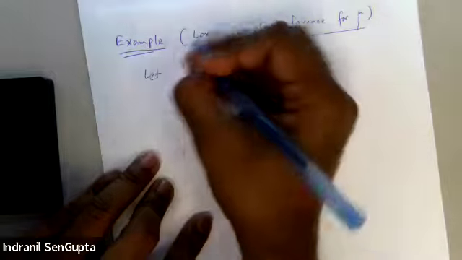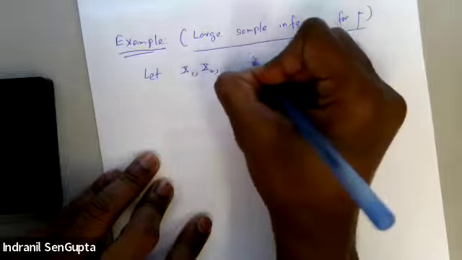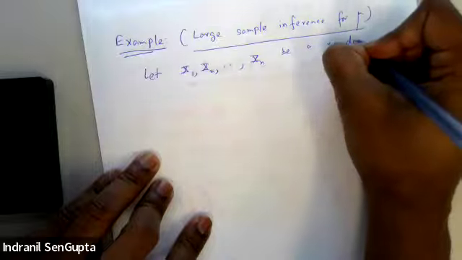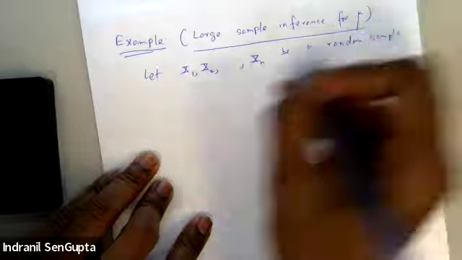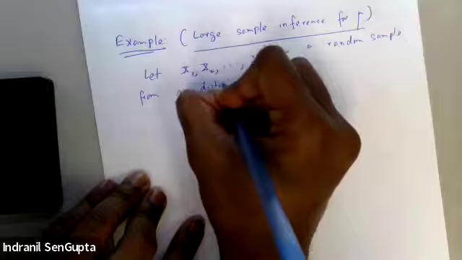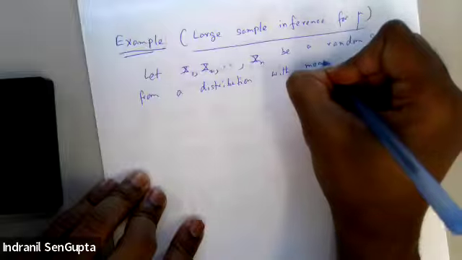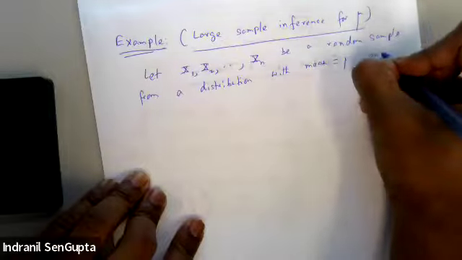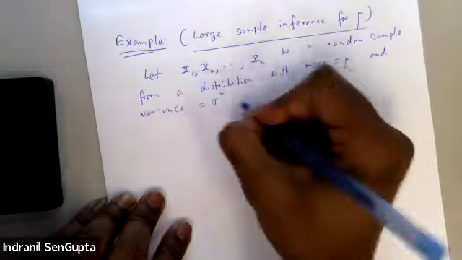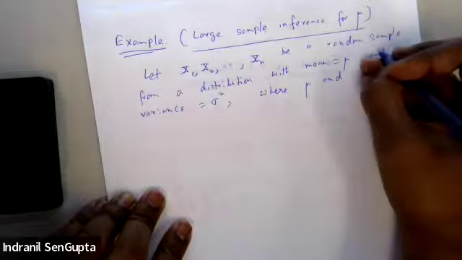Let, just like before, x1, x2, ..., xn be a random sample from a distribution with mean mu and variance equals sigma squared, where mu and sigma squared are unknown.